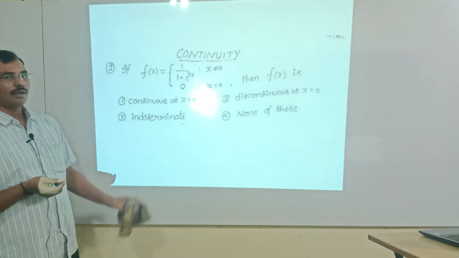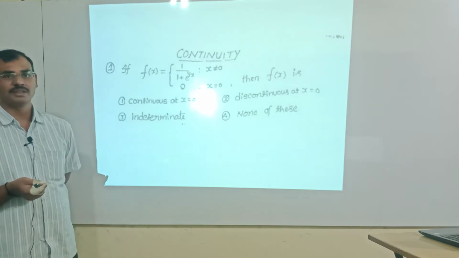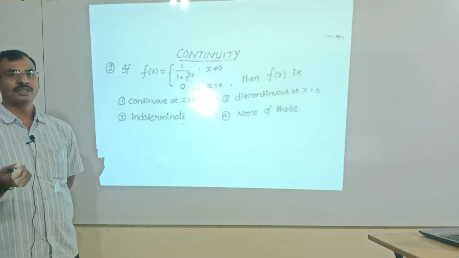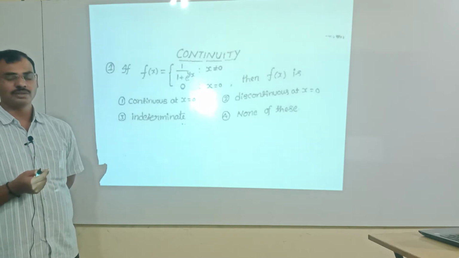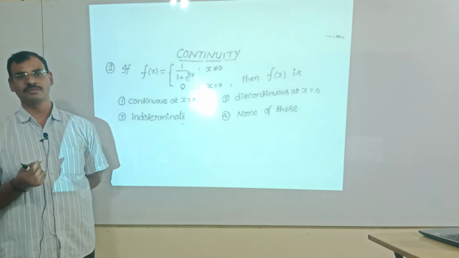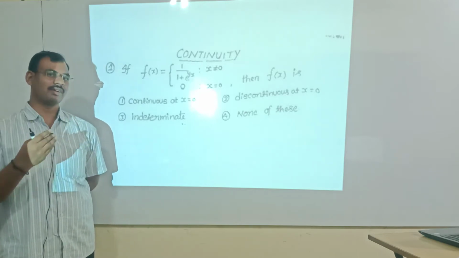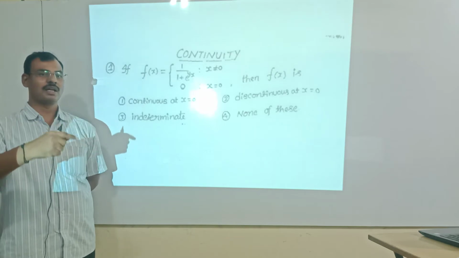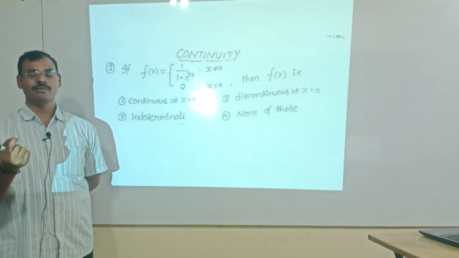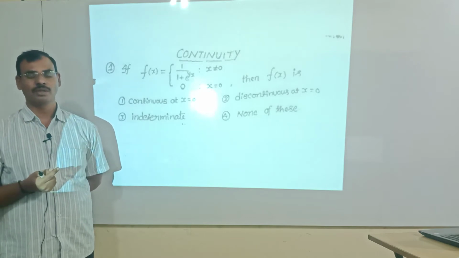The next one, trigonometric functions: sin x and cos x are continuous on their domain. What is the domain of cos x and sin x? It is all real numbers, so these are continuous everywhere. Continuous means what? Drawing a graph without lifting the pen.